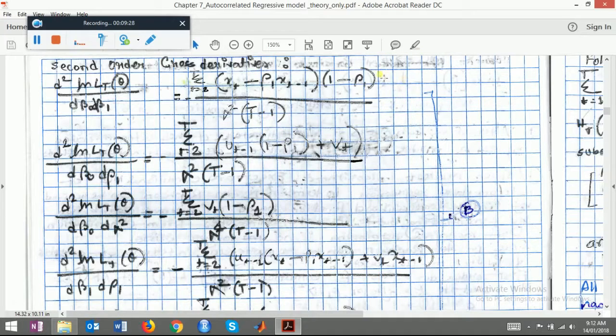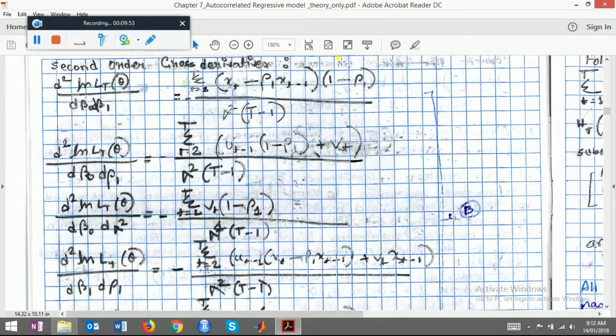Instead of squaring them, we are now just going to multiply the two different terms, beta naught and rho 1. Remember, in rho 1 you have Vt Ut minus 1. The 1 minus rho 1 from beta naught comes in and is multiplied with Ut minus 1.